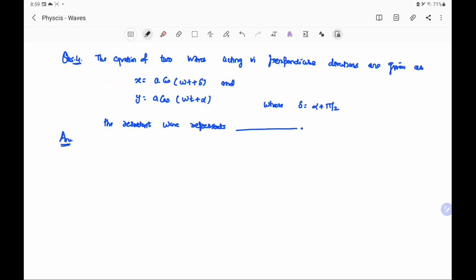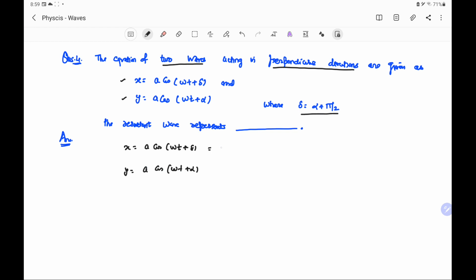Next question is, the equations of two waves acting in perpendicular directions are given by x and y. The resultant wave represents what? The first wave is x equal to a cos (omega t plus delta), and another wave is y equal to a cos (omega t plus alpha), and it is given that delta is equal to alpha plus pi by 2.